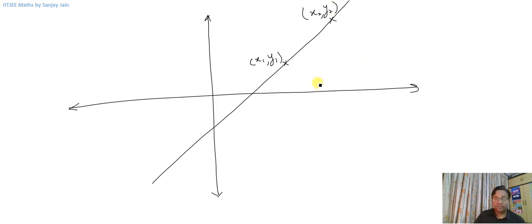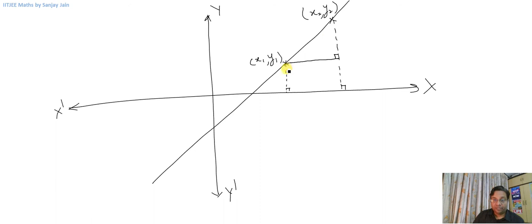Okay, so if I drop a perpendicular on the x-axis from this point, this is x, this is x dash, this is y, this is y dash, right? And if I drop a perpendicular from this point, now if I join this point with this line by drawing this line parallel to x-axis, so it will be perpendicular to this line, right?